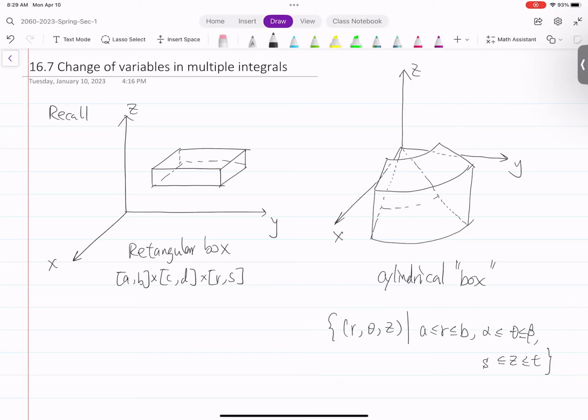Right? So this is also a, b cross alpha, beta cross s and t. But it's in a different coordinate system, right? In r, theta, z.